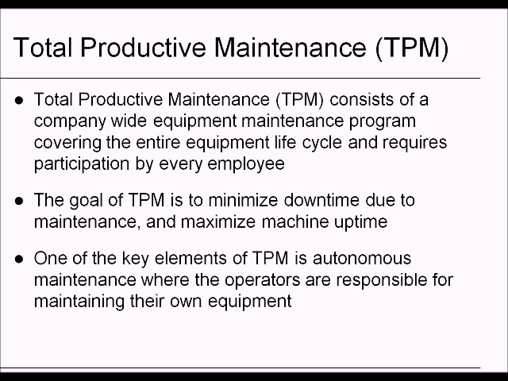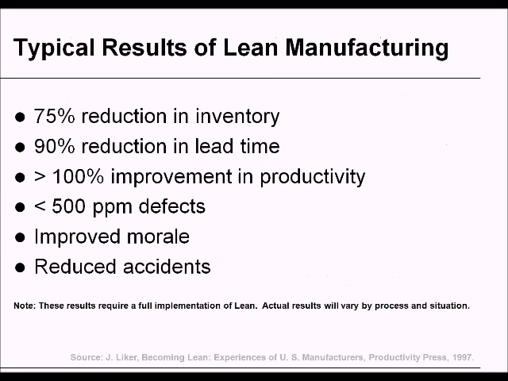Yes, they inspect, but they also put a lot of poka-yoke in place to keep the equipment up and running. A lot of these, rapid improvement events, total productive maintenance, the things we call lean manufacturing, can achieve many great results.